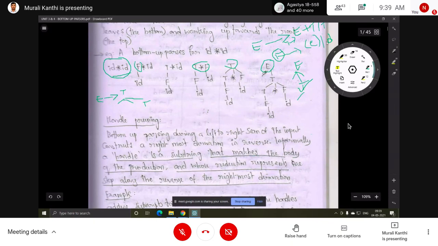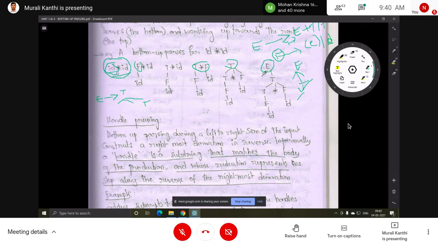For id into id, we don't have any right hand side, and we don't have E plus T, T, or T into F either. So only id is there. Take that id as a handle. Now id is a handle in the first step.